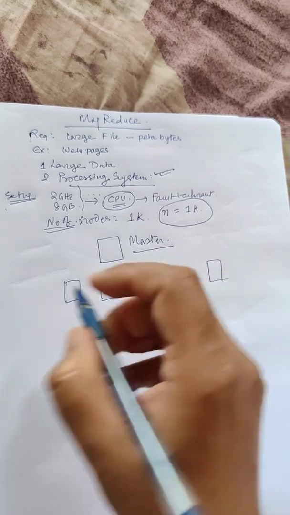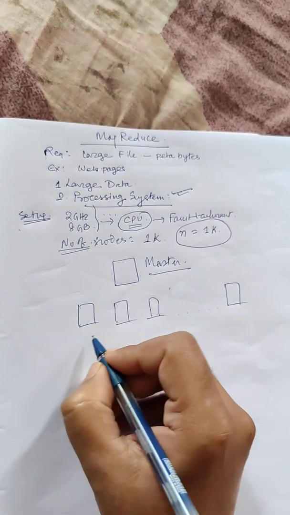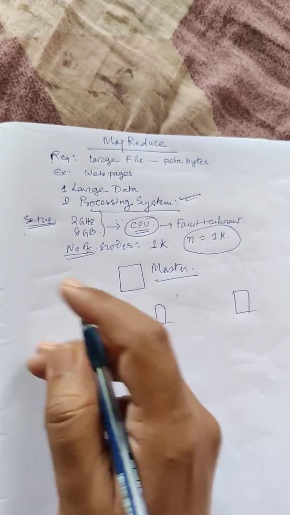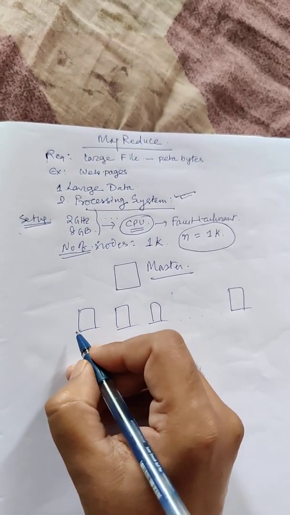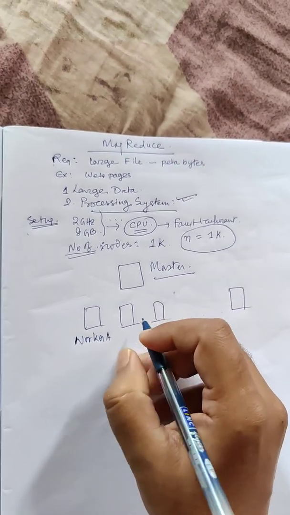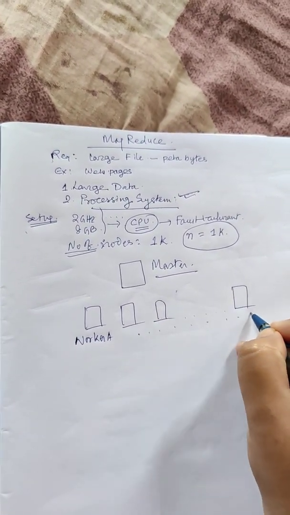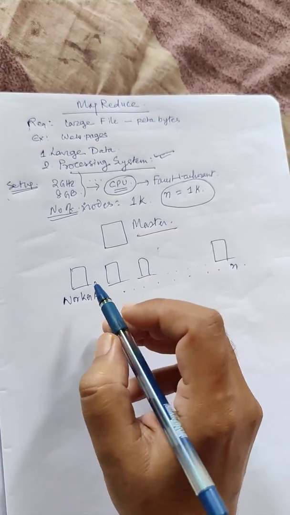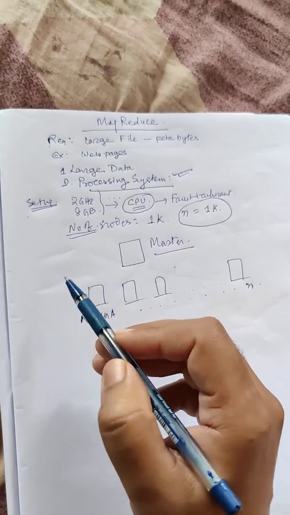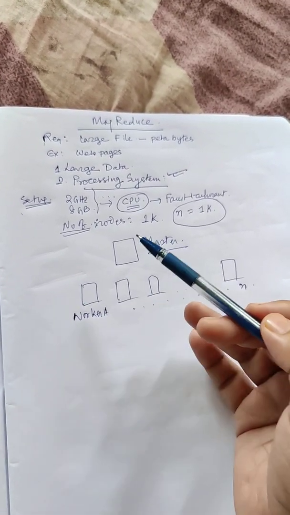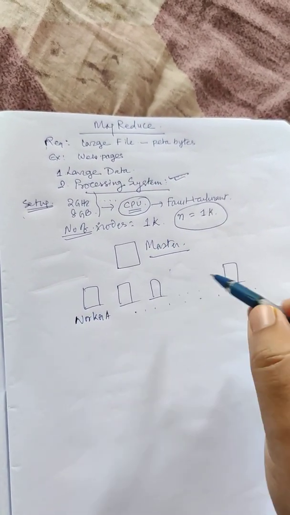The commodity hardware that is not the master is considered a worker, and the workers will have IDs, for example from A to N. We will also talk about how these workers do the arrangement and how they process it.